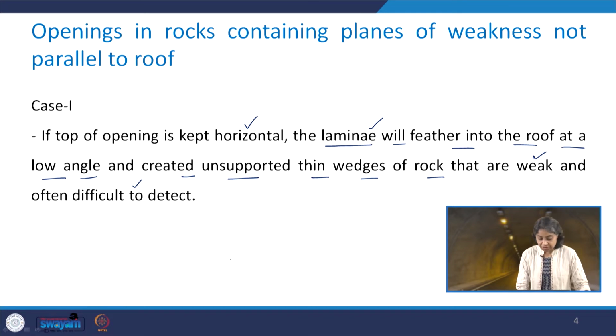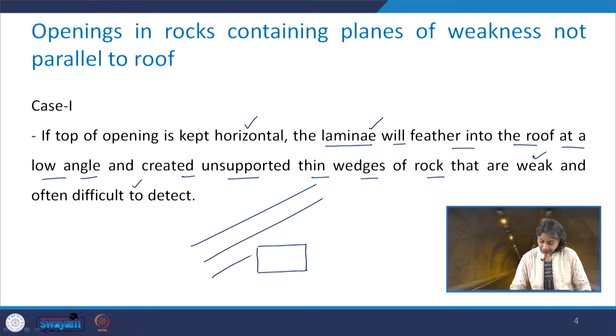Let us take a look at how this will look. In this case you see that you have the roof of the excavation as the horizontal one, but then you have the inclined lamina planes.